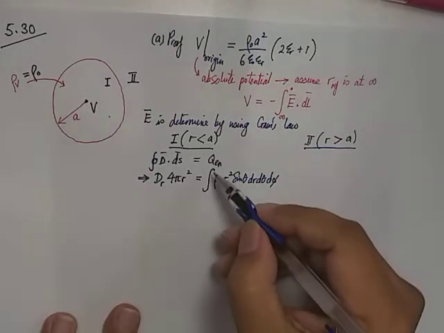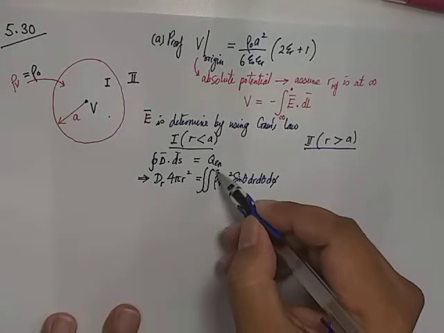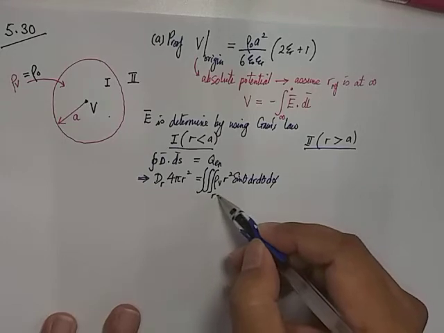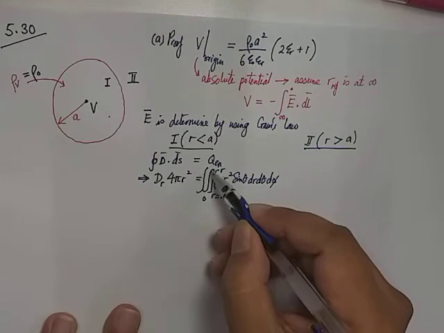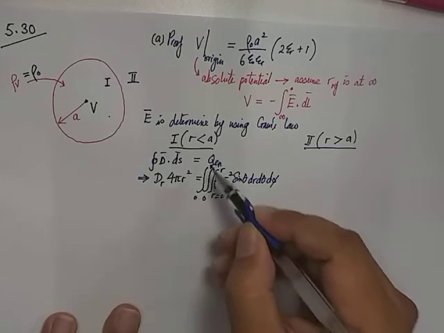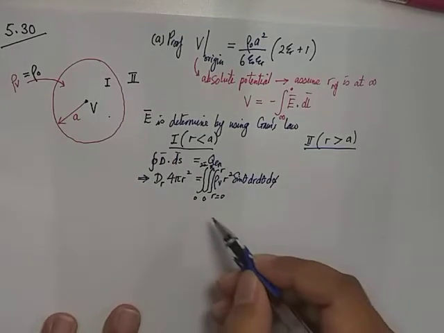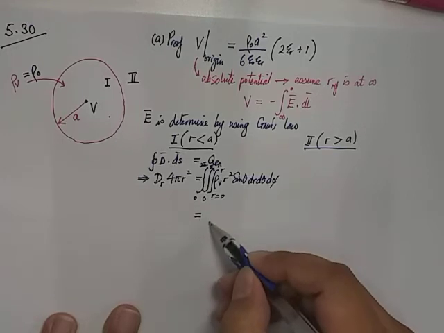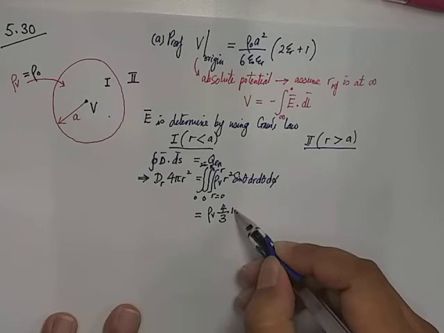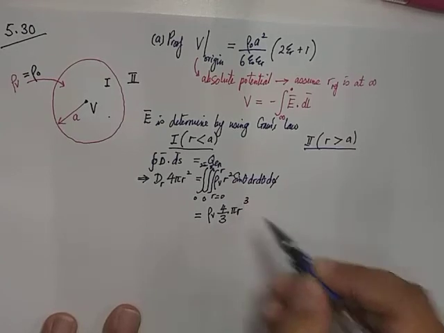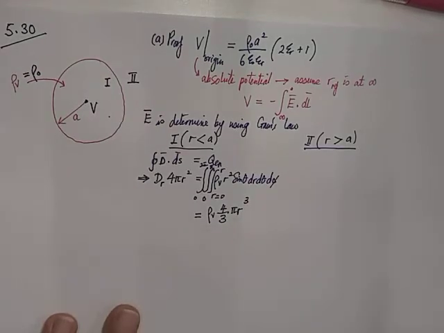So, triple integration: r from 0 to r, theta 0 to pi, phi 0 to 2 pi. When I solve the mathematics, you're going to have rho v times 4 over 3 pi r cubed. That should be the solution for the integration.